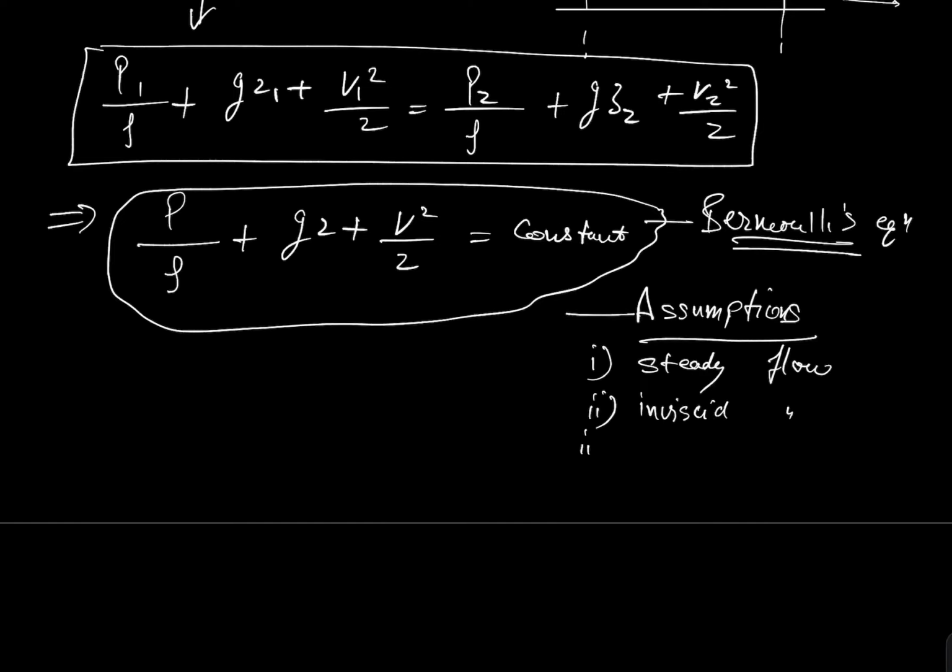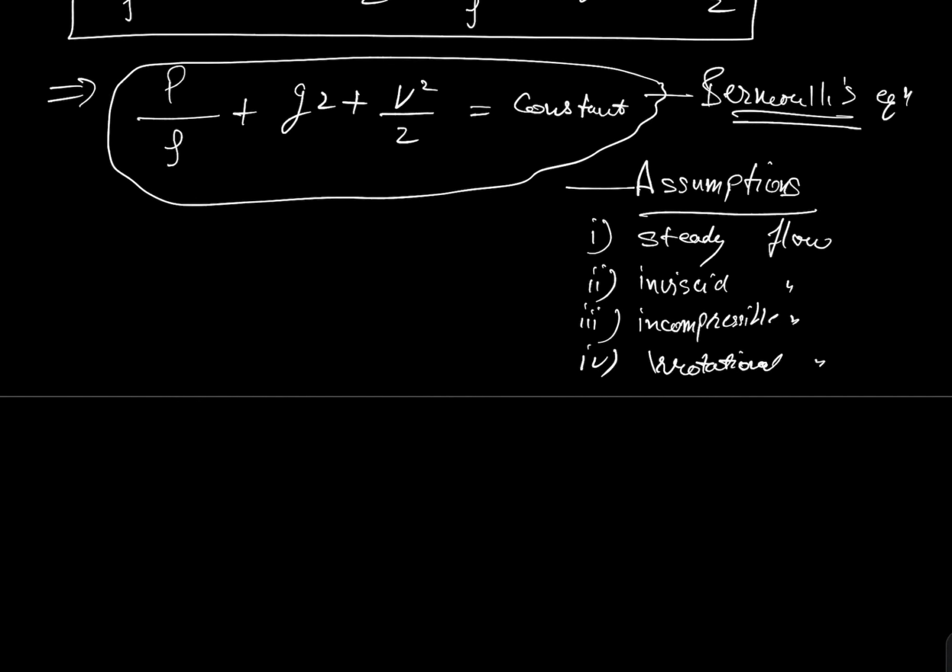Third, incompressible flow. And the next one was irrotational flow. If you check the units, p upon rho gives you energy per unit mass.